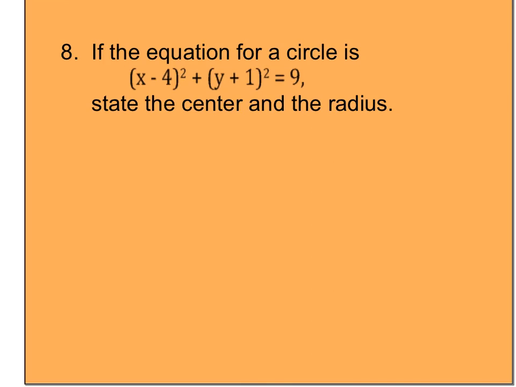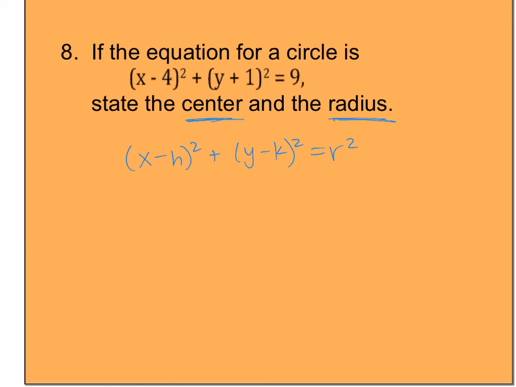Number 8, if the equation for a circle is x minus 4 squared plus y plus 1 squared equals 9, state the center and the radius. Well, remember how our equation goes x minus h squared plus y minus k squared equals r squared?